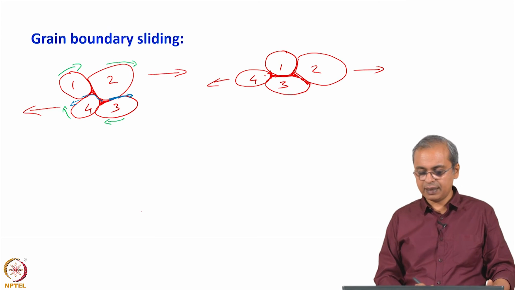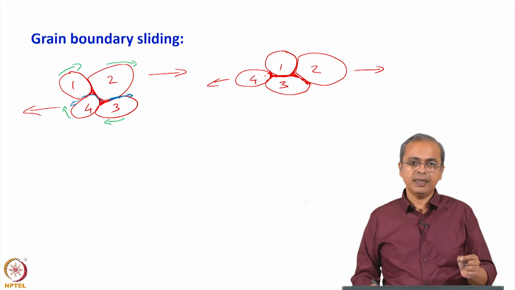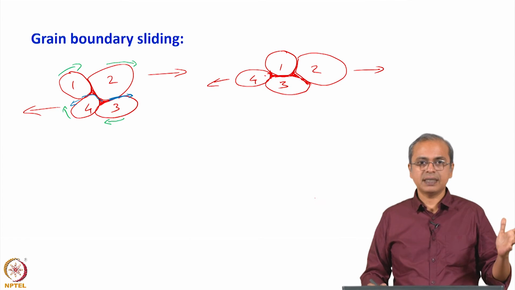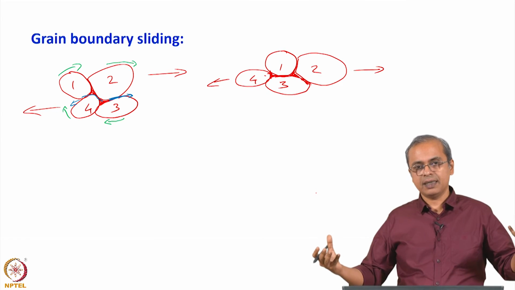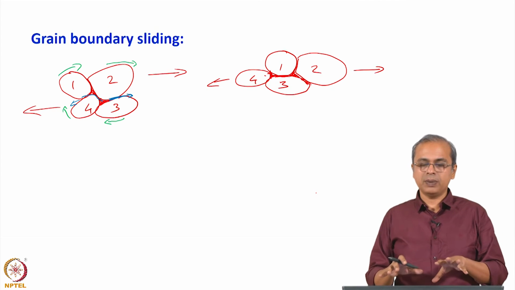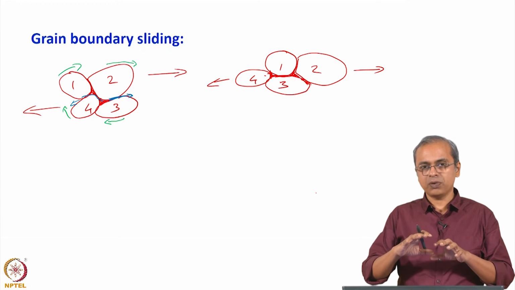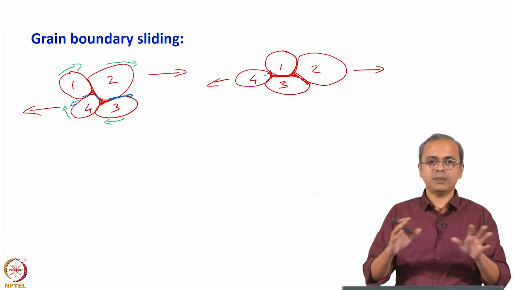Instead of individual grains deforming and that deformation collectively resulting in the overall deformation of the sample, here we have a situation where grains are not necessarily deforming, but they are repositioning themselves with respect to each other.